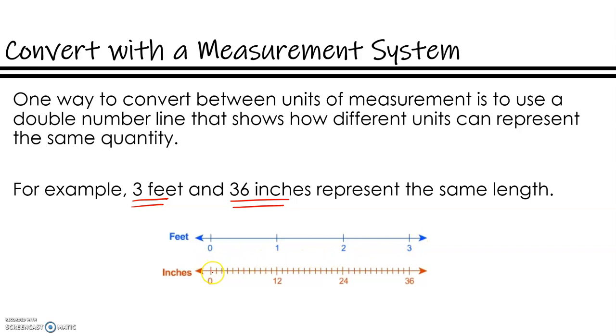Okay, inches are much smaller. There's 12 inches in 1 foot, but you can see that they're the same amount of space. Okay, which means that 12 and 1 are equivalent, 24 and 2 are equivalent, 36 and 3, and you could keep that going.